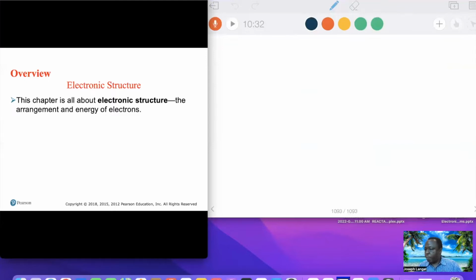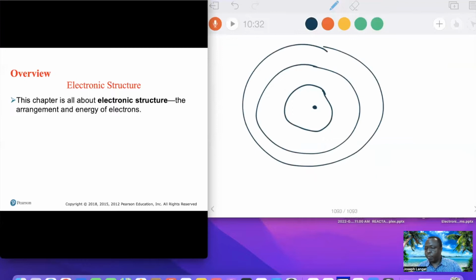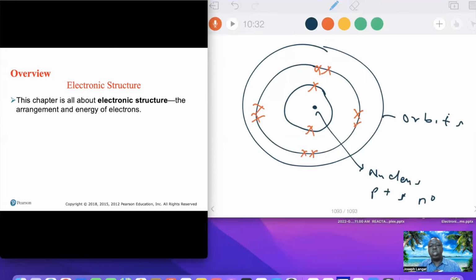Remember the nuclear model, electrons move around the nucleus following what we call orbits, and this is the nucleus where we have the protons and the neutrons. We'll see how the electrons are arranged.